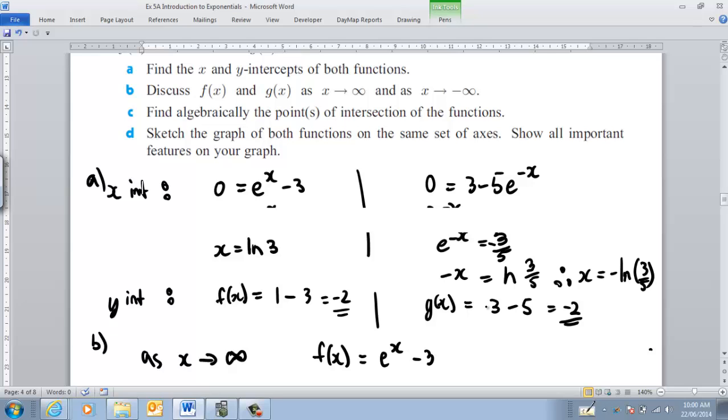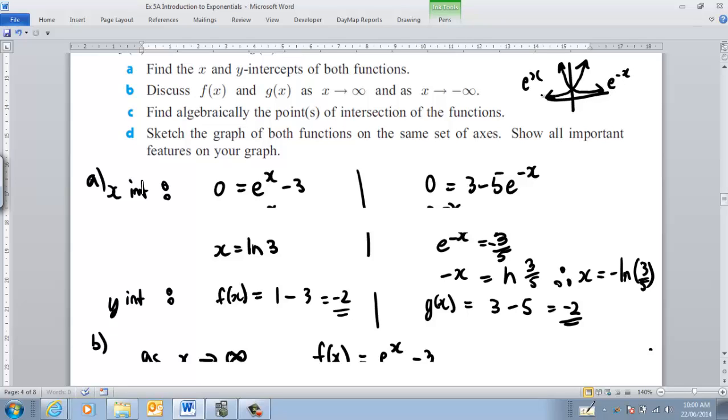The two types of functions that we need to consider are e to the x, which is a function that goes something like this, and it's always positive. And the other function we've got is e to the minus x, and e to the minus x goes like this. And that's always positive, isn't it?